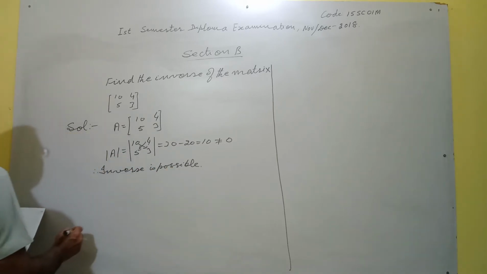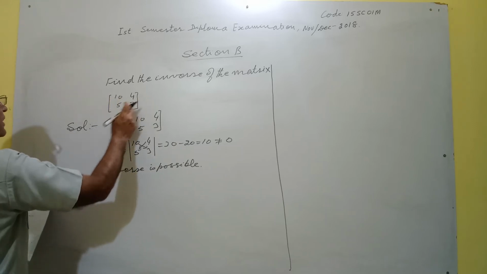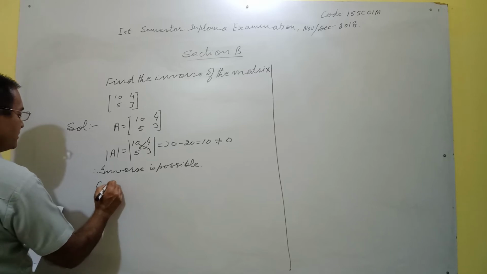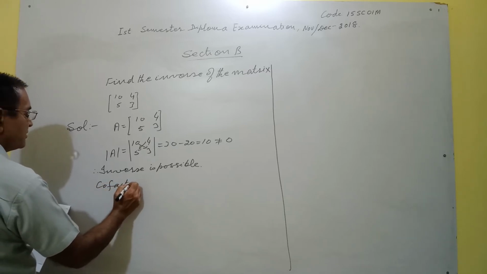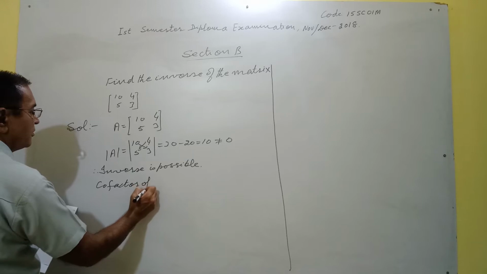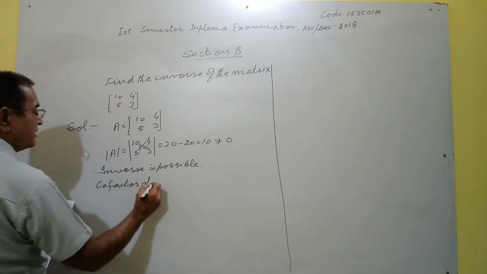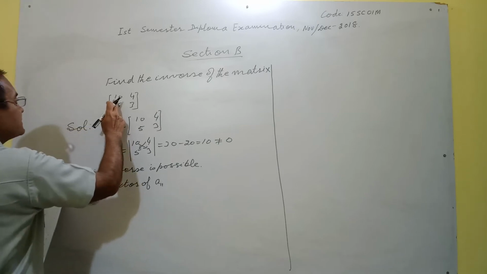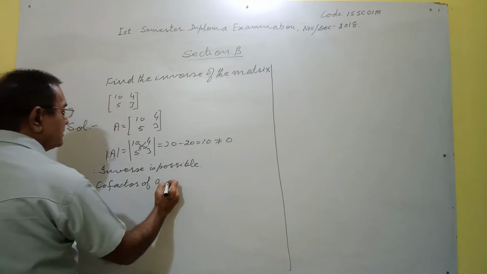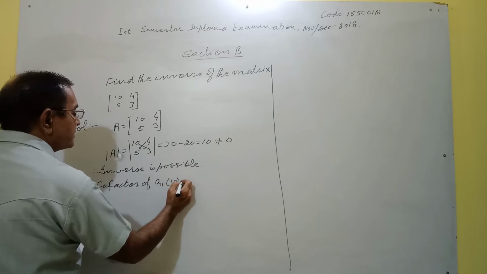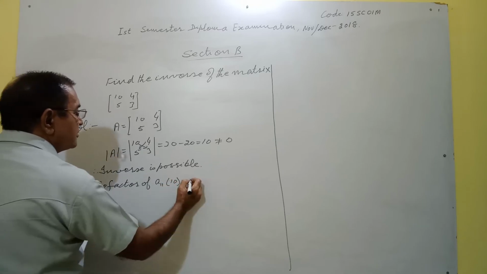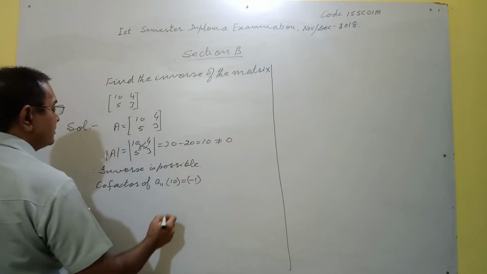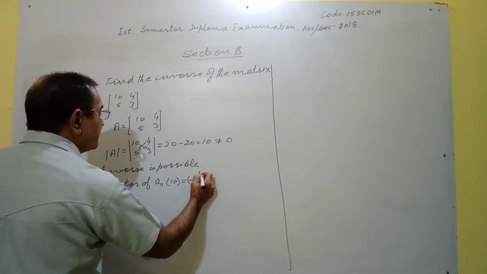To find inverse, first we have to find the cofactor of the elements. Cofactor of A11, means first row, first column, that is 10, equals minus 1 power row plus column, that is 1 plus 1.